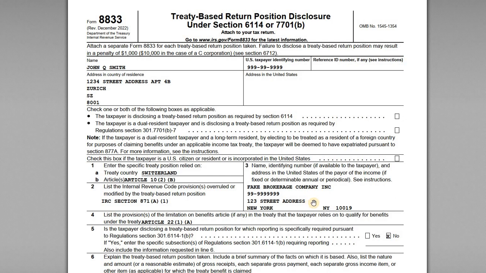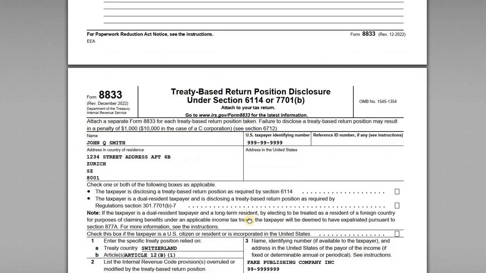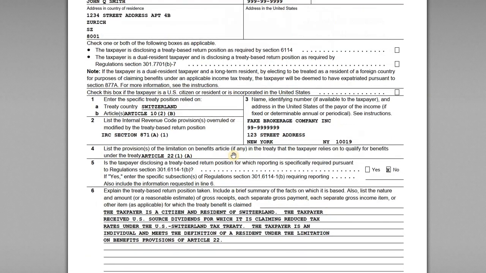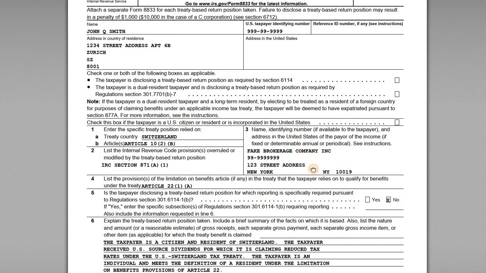So the reduced rate on dividends we'll find in Article 10 2B, but the reduced rates for royalties is a separate article in the treaty, so it's in 12B1. And so for that reason, I think it's necessary to provide separate treaty positions, right? Because, again, each treaty is slightly different. There's going to be different requirements to qualify for relief. And so in this case, we want to have them separately done here.